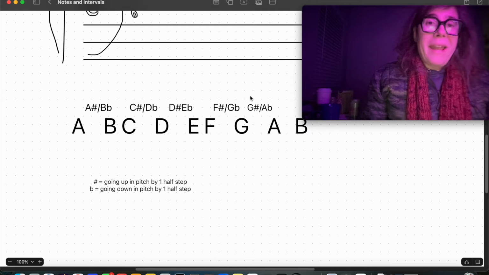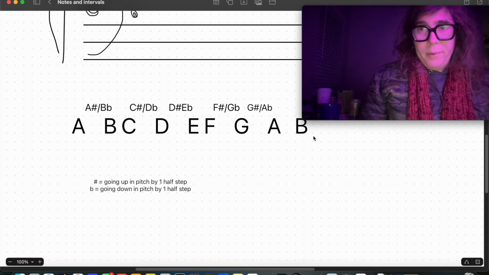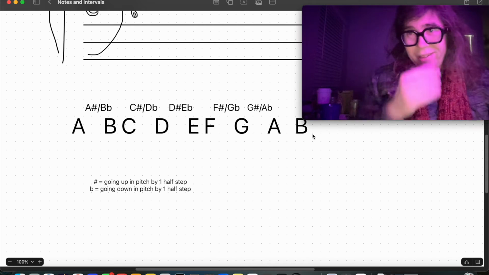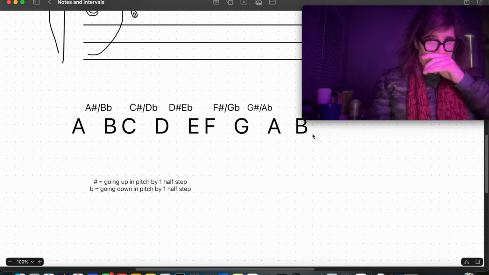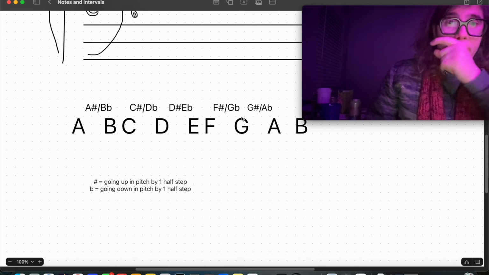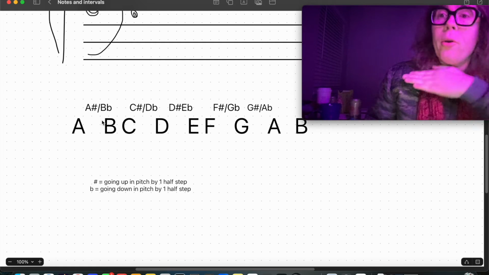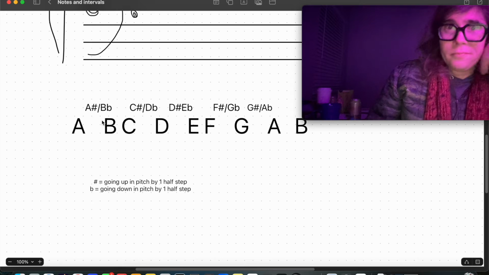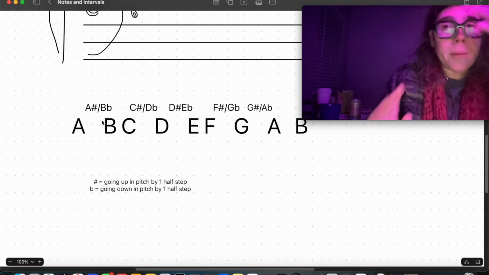So, from A to A, right? This B is just to suggest that it keeps going. But from A to A, these are all the pitches. Remember that these A sharp and B flat are functionally the same note for now. And so those are all the pitches in our alphabet.